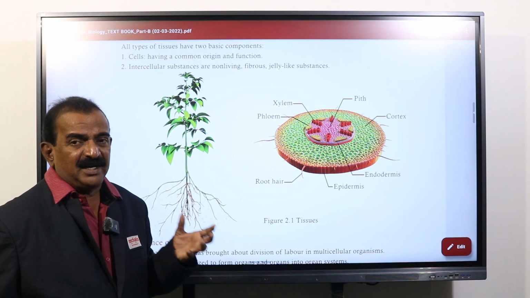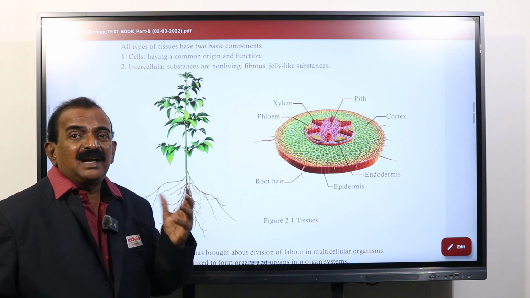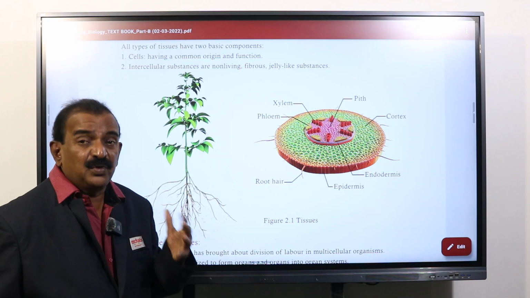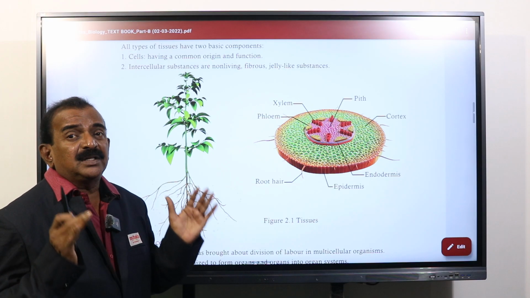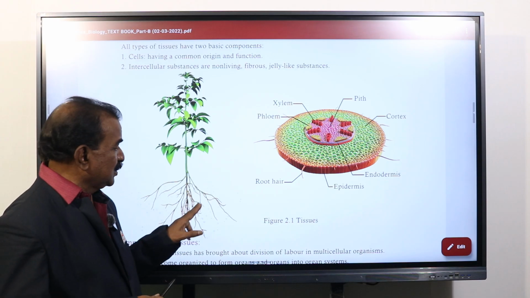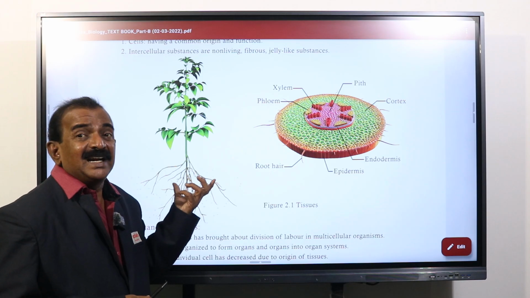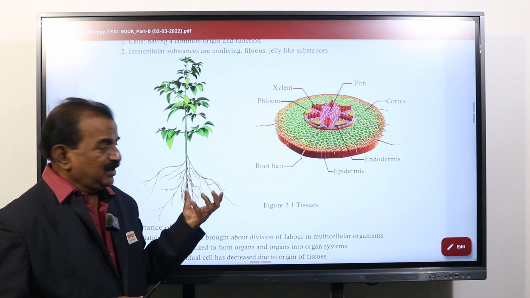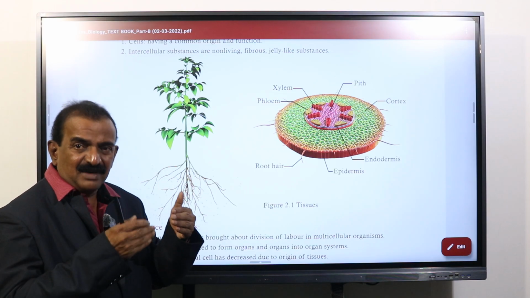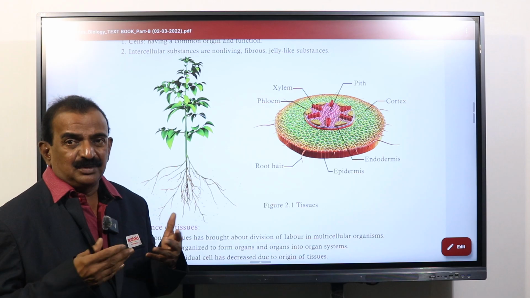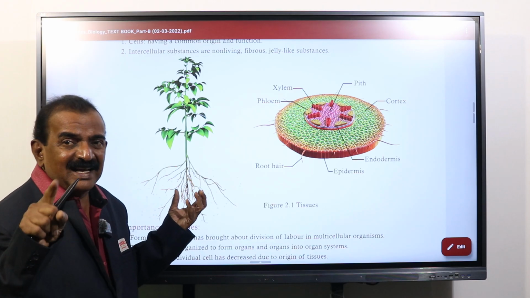Generally plants are green in color, and plants give us food. Here we are discussing the parts of a plant. This is called the root system, a tap root system. It has a main root, and from the main root other roots, rootlets, develop, and this system is called the tap root system.